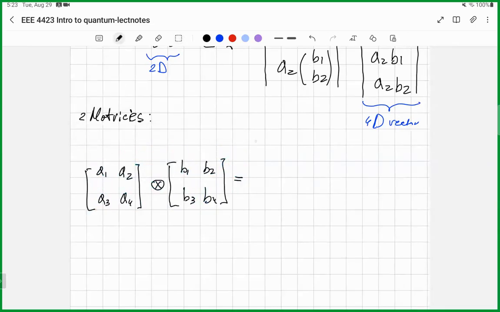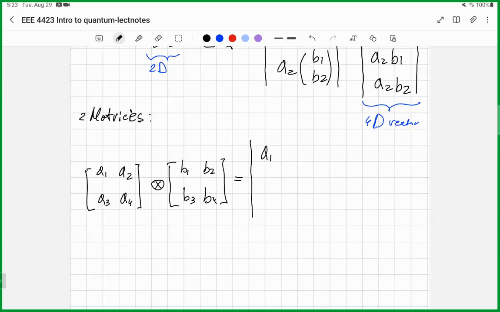In the result, we get a matrix, where we multiply each component of the first matrix by the second matrix.